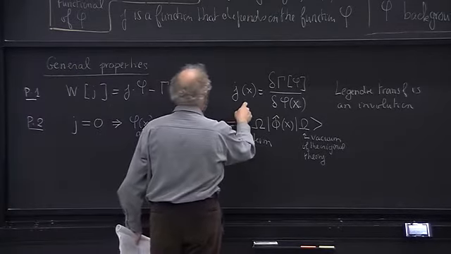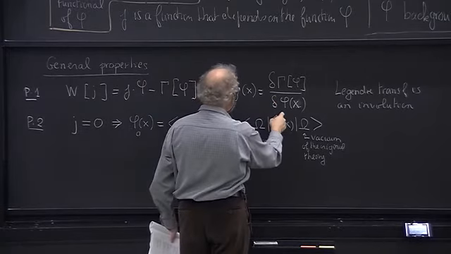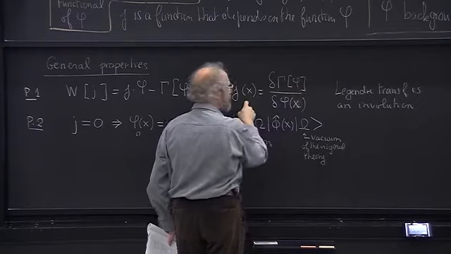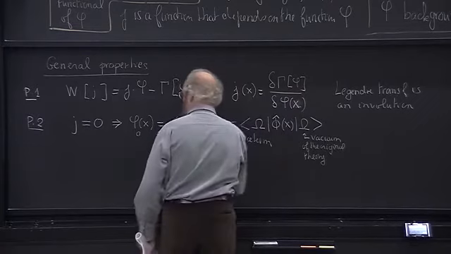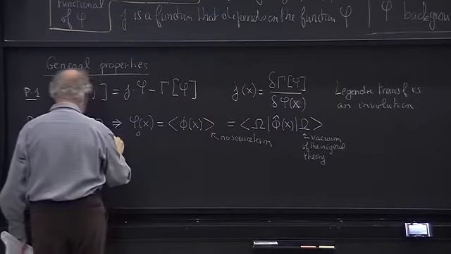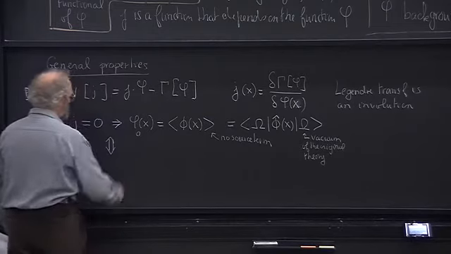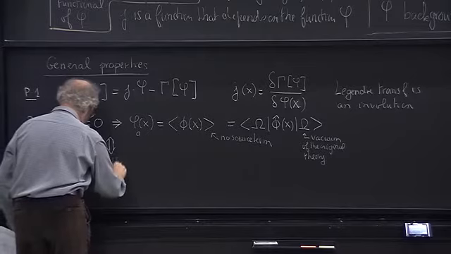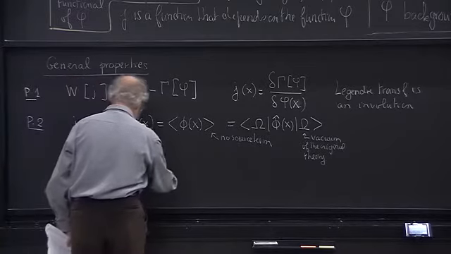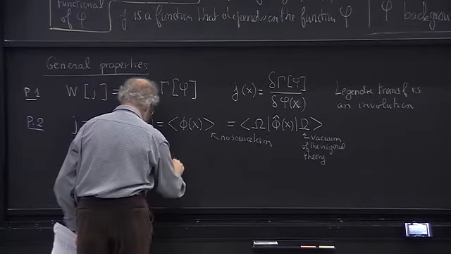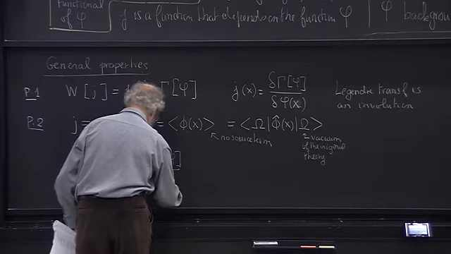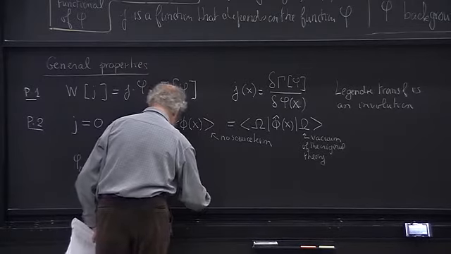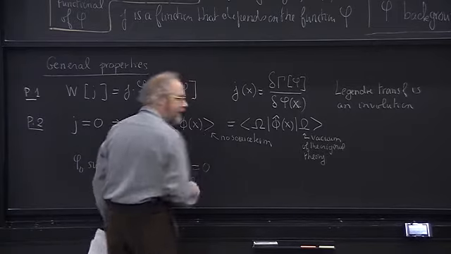But then, using the fact that it's an involution, what does it mean? It means that if I take the functional derivative of gamma with respect to phi at phi 0, I get 0 because g equals 0. So this is equivalent to stating that phi 0 is such that the functional derivative of gamma of phi with respect to phi at phi 0 is equal to 0.